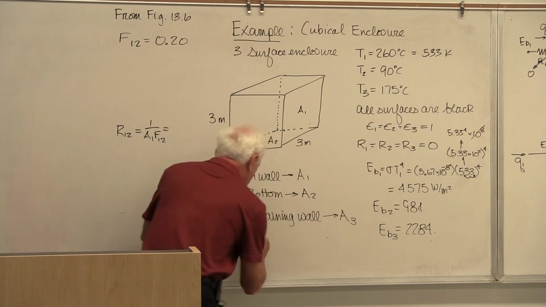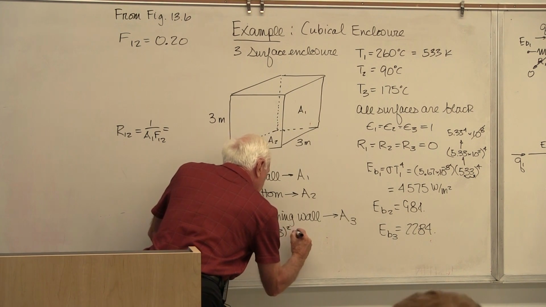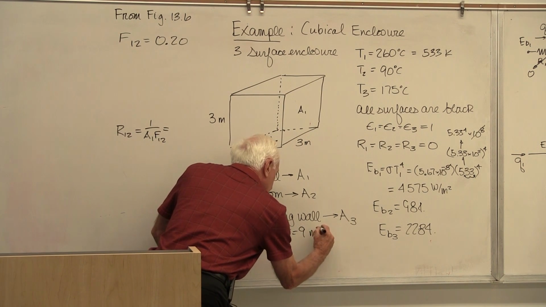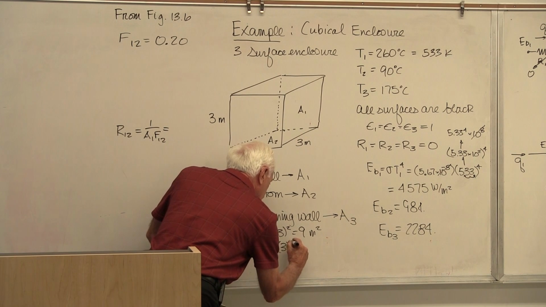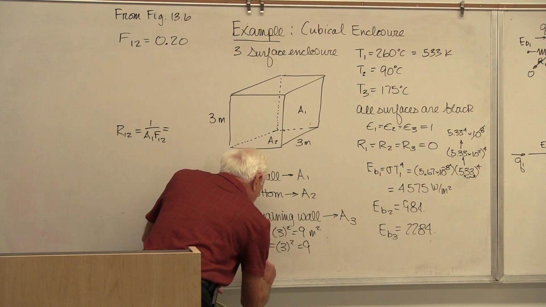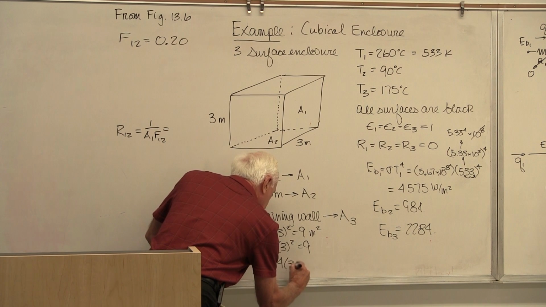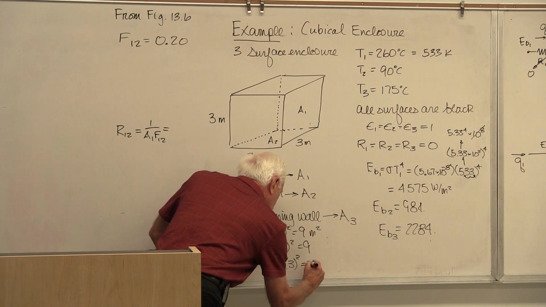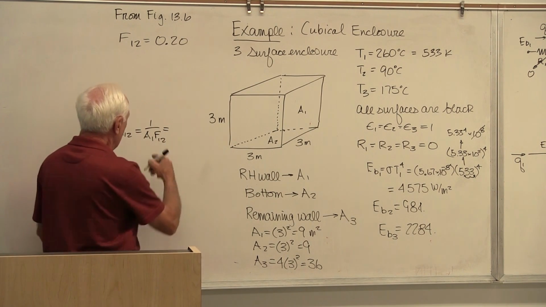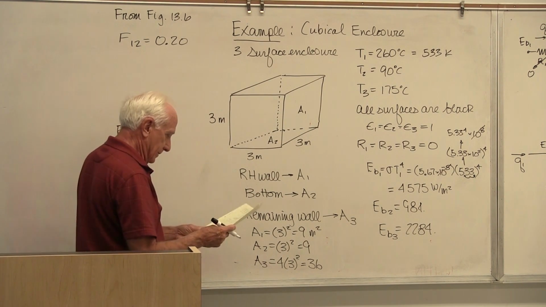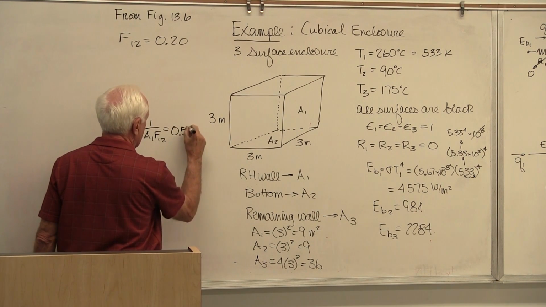I'll put them down here. A1 equals 3 meters squared, 9 square meters. A2 is the same, 9 square meters. A3, there's 4 remaining surfaces. Each one is 3 squared, 36 square meters. Okay, there's the areas. That resistance, 0.556.